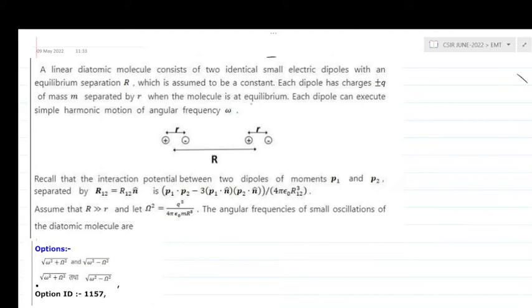When the molecule is at equilibrium, each dipole can execute simple harmonic motion with frequency omega. And here a hint is also given: recall that the interaction potential between two dipoles is [P1 dot P2 minus 3 P1 dot n cap into P2 dot n cap] divided by 4 pi epsilon R1 to the whole cube.